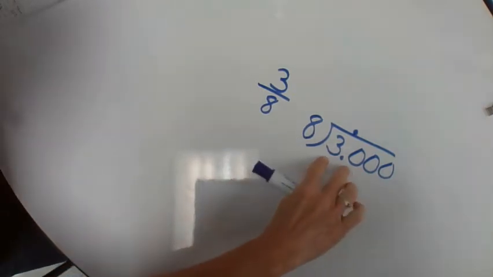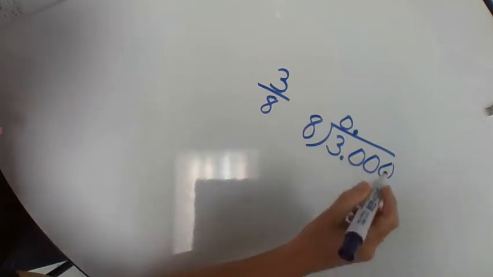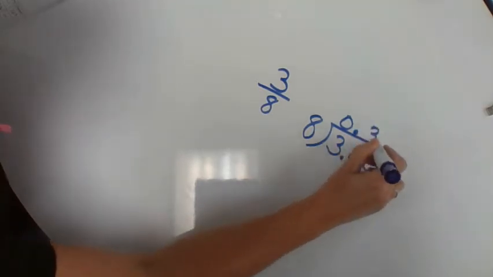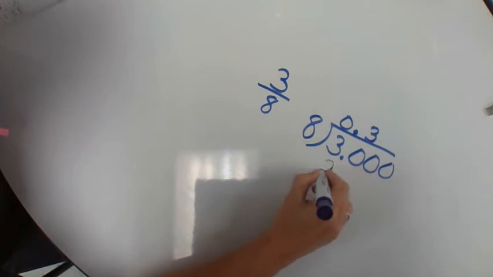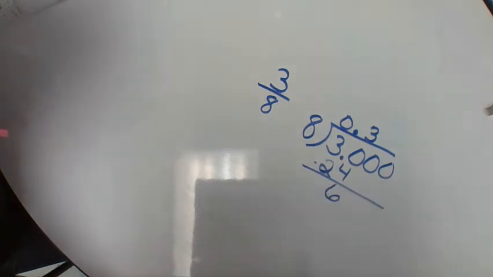8 goes into 3 0 times. 8 goes into 30 3 times. 3 times 8 is 24. Subtract. 30 minus 24, 6.